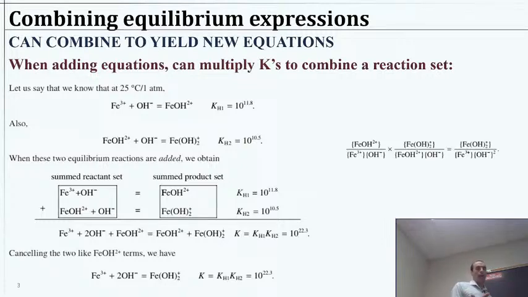But with that type of reaction, sometimes it makes sense to look at two of those at the same time and say, well, they both happen in sequence. They are both technically in equilibrium, but what we really care about is going from Fe3+ to FeOH2+, right? That kind of a scheme.